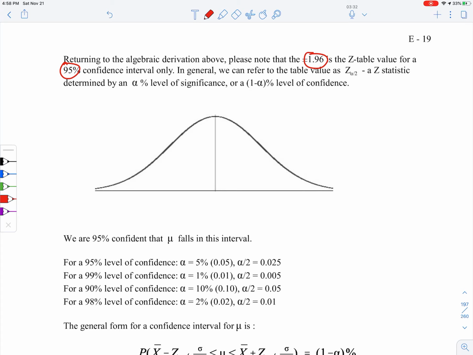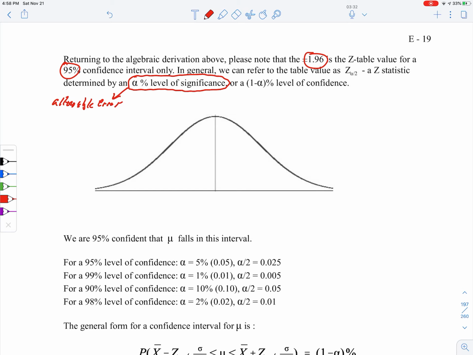What we're going to do is introduce a symbol called alpha. And alpha is called the level of significance. This is really important in confidence intervals and also in hypothesis testing. It's the amount of allowable error, in a sense.